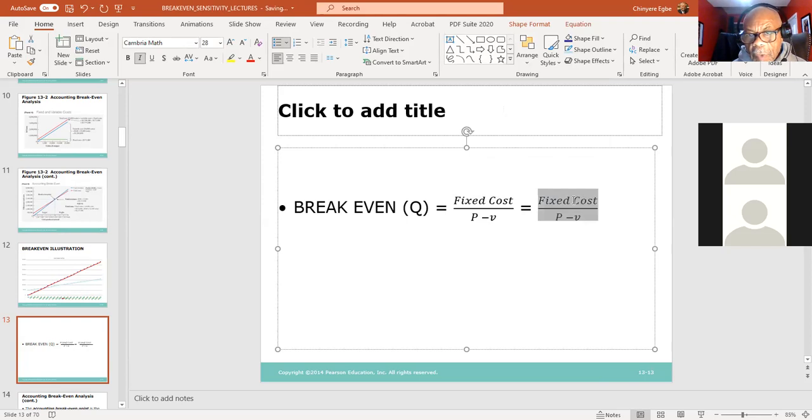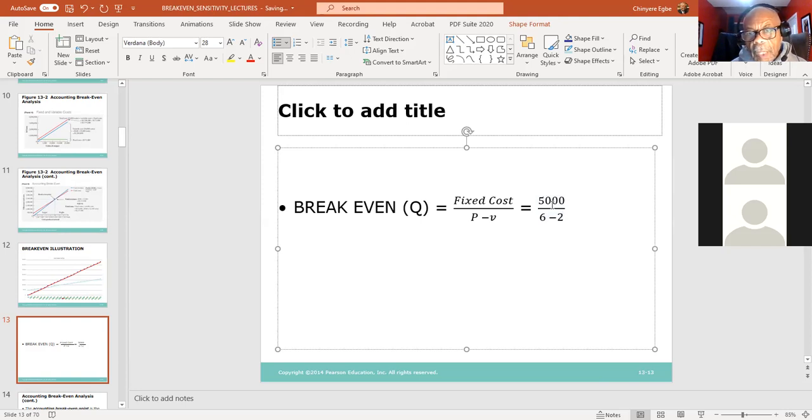Fixed cost was 5,000, price was 6, and the variable cost was 2.